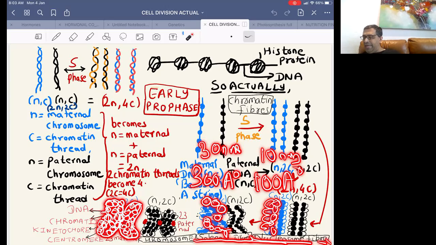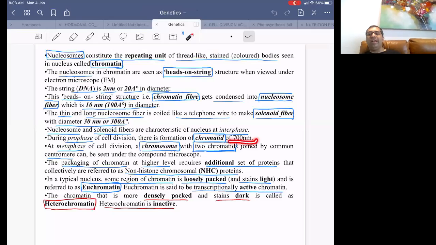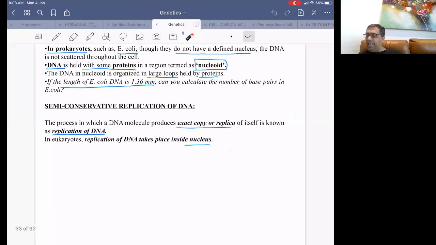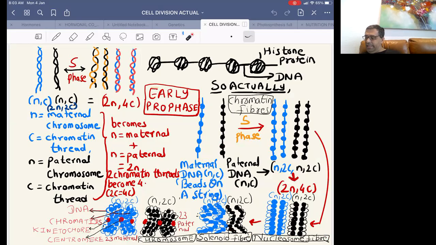And these chromatids, if you check carefully, are about 700 nanometer. One chromatid is 700 nanometer.